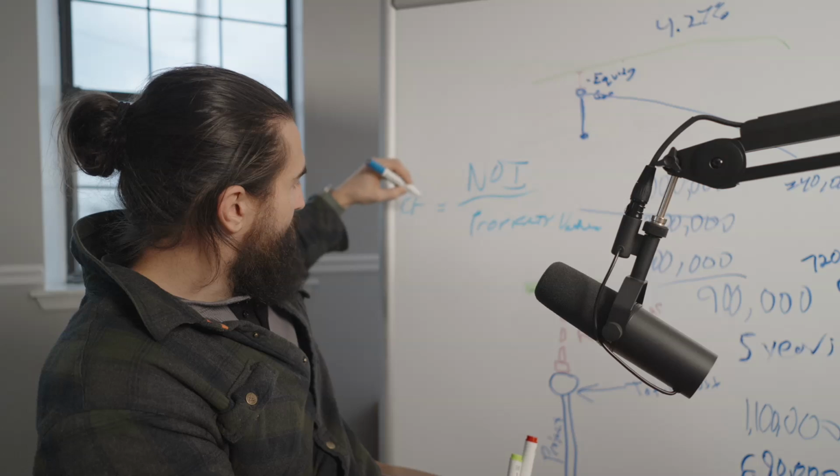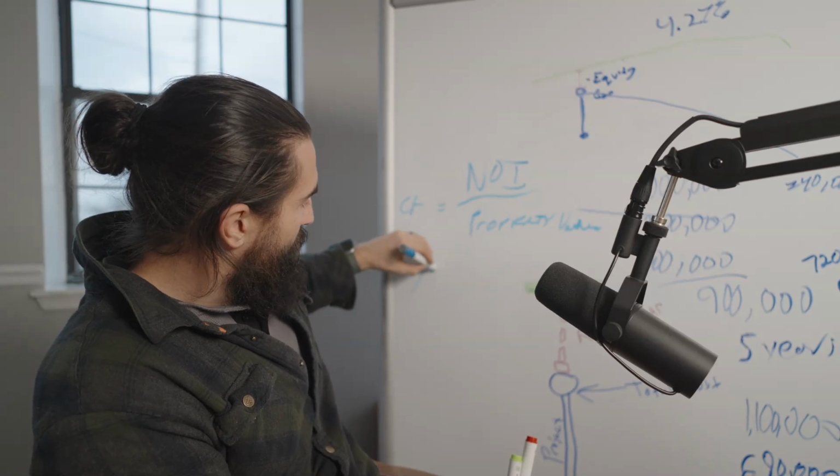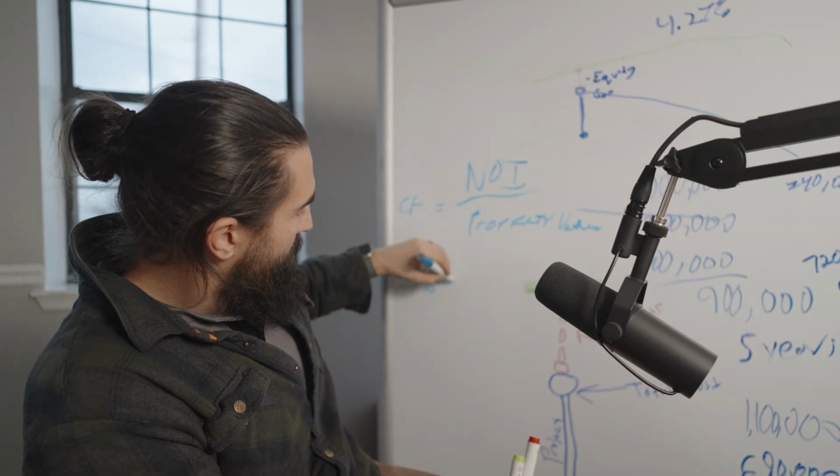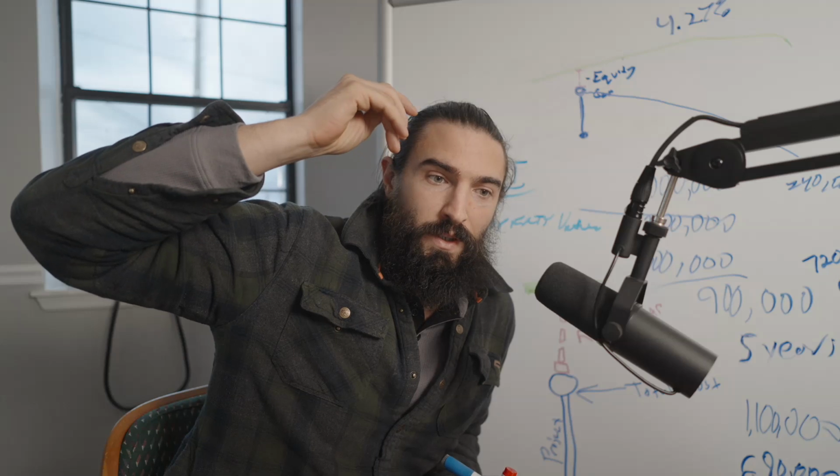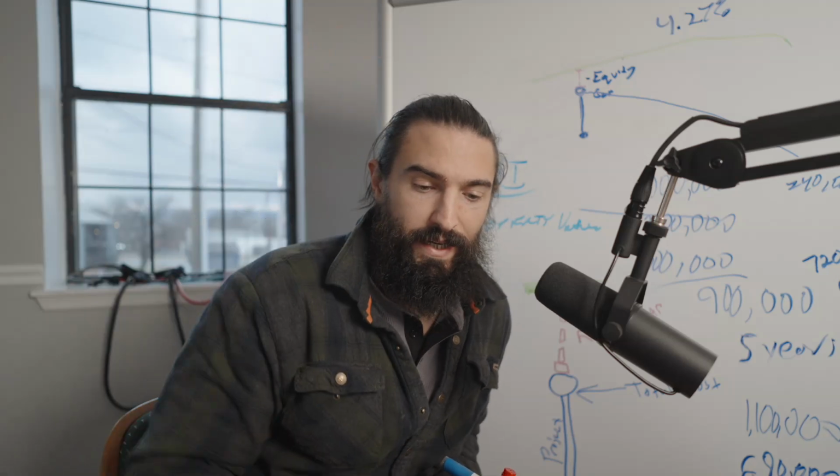So if the cap rate were 7%, and you know your NOI, your net operating income. Remember, it's $4,000 a month, but $4,000 a month is not NOI because you have to pay for property management, figure in vacancy, maintenance, CapEx, like big ticket items, and taxes and insurance.